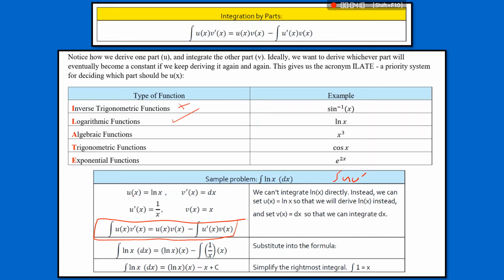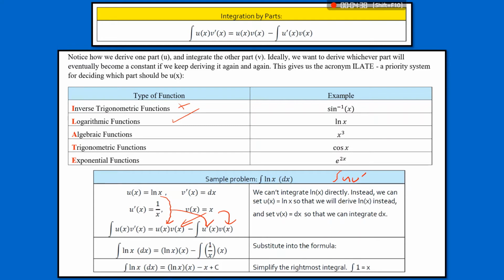That gives me everything I need in order to plug into my integration by parts formula. Anytime I see a u, I'm going to replace it with ln x. Anytime I see a v prime, I'll replace it with dx. So the integral of ln x dx would be ln x times x minus the integral of 1 over x times x.